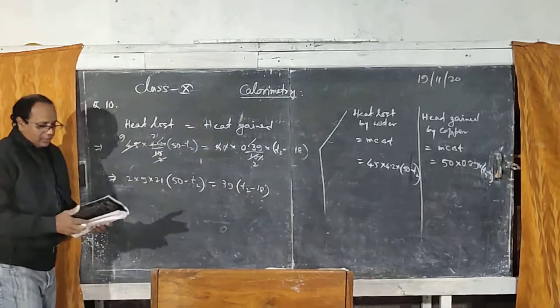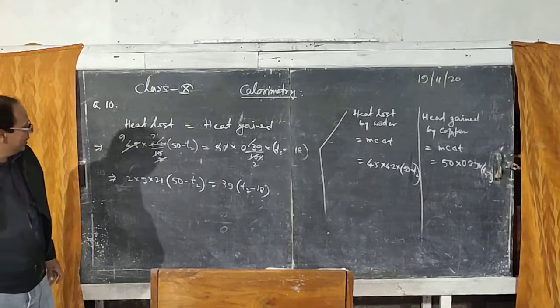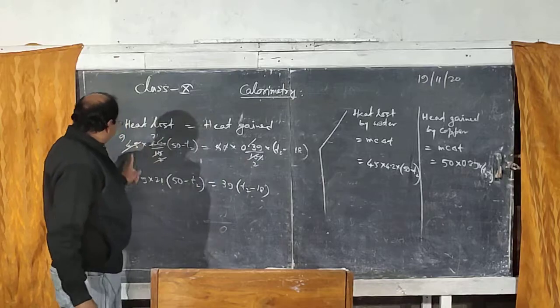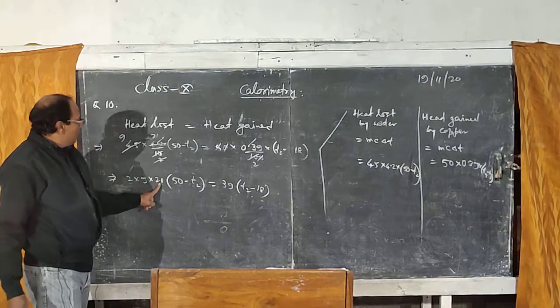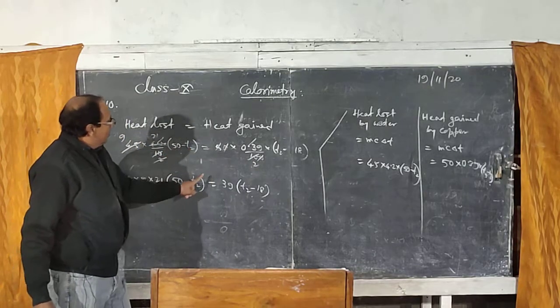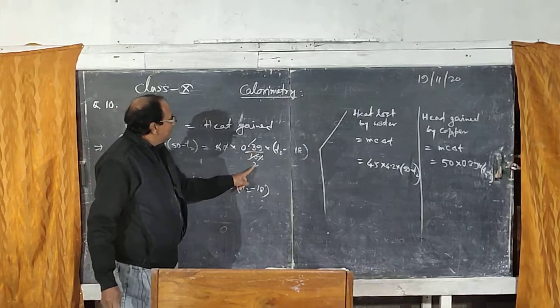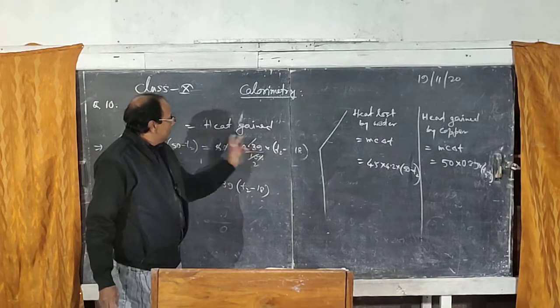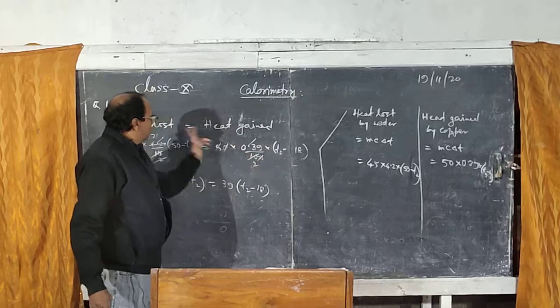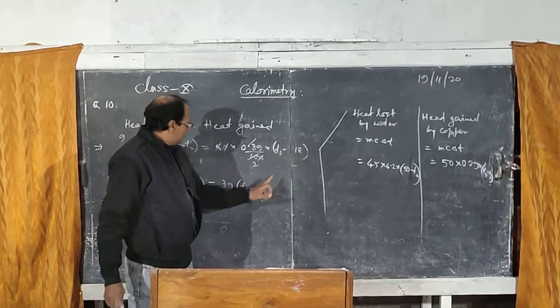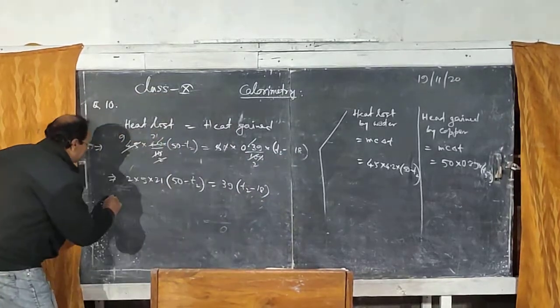Only big calculation, nothing else. So this 2 comes here, that's why 2 into 9 into 21 whole into 50 minus T2 equals 39. This 2 already gone, left side. So T2 minus 18. Now we have to simplify it.